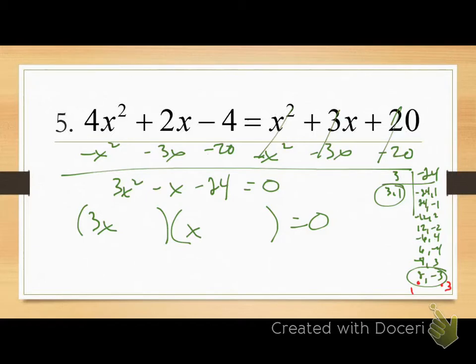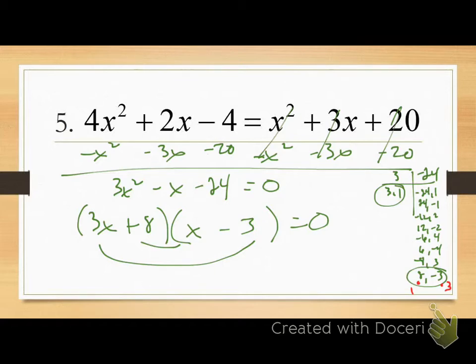Because negative 3 times 3 is negative 9, and 8 times 1 is 8. So negative 9 and 8 will add to give us negative 1. So now we link our smiles. So we're supposed to multiply the 3x times negative 3. We're supposed to multiply the 1x times 8. So there are our factors.